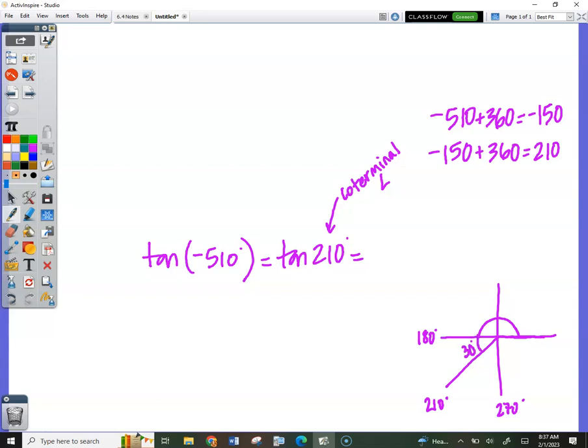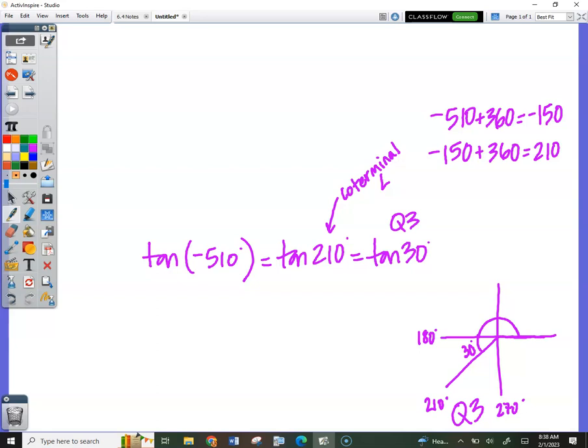So that means that when you find the tan of 210, you could just find the tan of 30 from your chart, but you need to remember you're in quadrant 3, which means tan is positive. But you need to think of what's the sign of tan in quadrant 3.